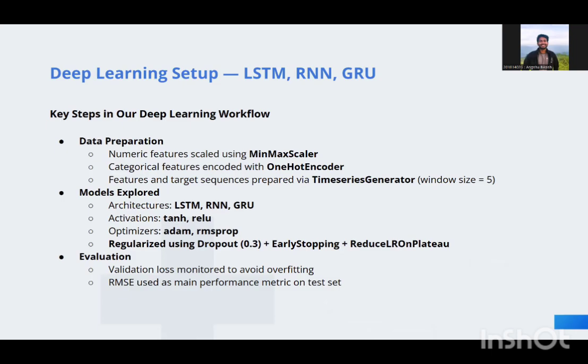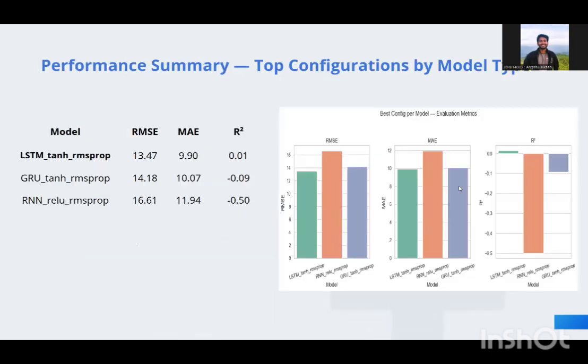We used tanh, ReLU, and Adam and RMSprop optimizers in combination with these three deep learning architectures. We also added dropout and early stopping for stability and generalization, and all the models were evaluated through RMSE.